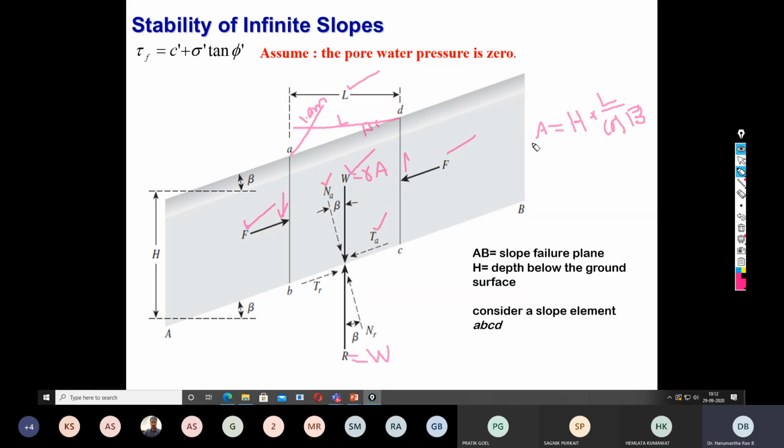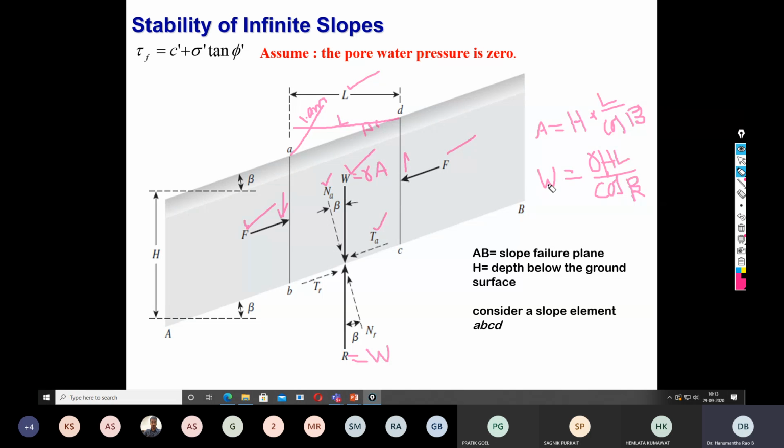So L by cos beta. So your W is nothing but gamma H L divided by cos beta. Any question?